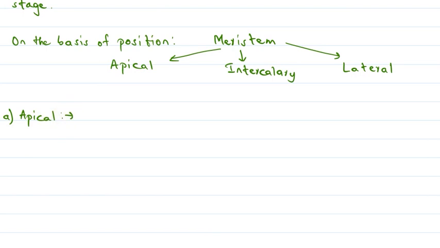The apical meristems are found at the tips of roots, stem, and branches.